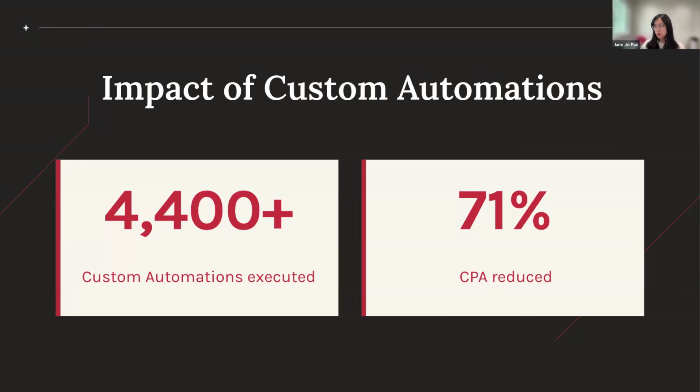The result of those custom automations was nearly 4,000 custom automations executed, and this doesn't include additional manual adjustments. But I want to say 96 to 98% of the optimizations that were done were through custom automations. And we were able to reduce the CPA target by 71%.